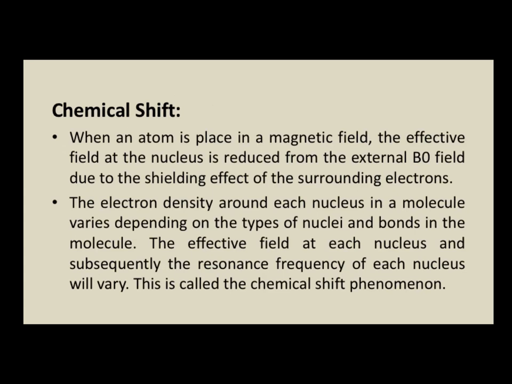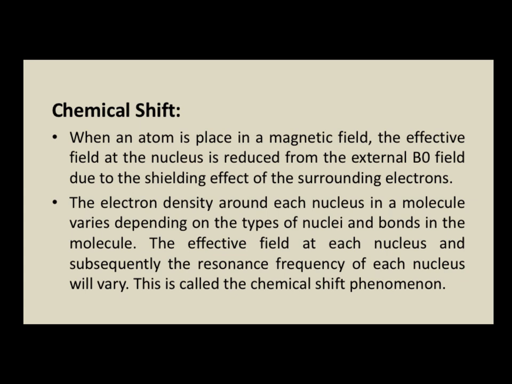So what is chemical shift? When an atom is placed in a magnetic field, the effective field at the nucleus is reduced from the external B0 field due to the shielding or de-shielding effect of the surrounding electrons. The electron density around each nucleus in a molecule varies depending on the types of nuclei and the bonds in the molecule.